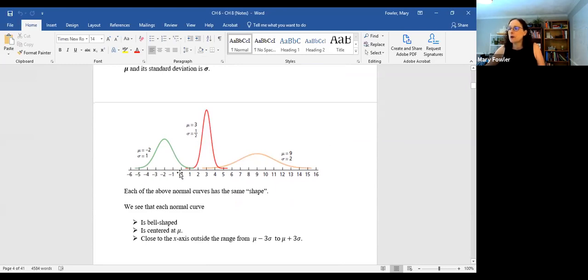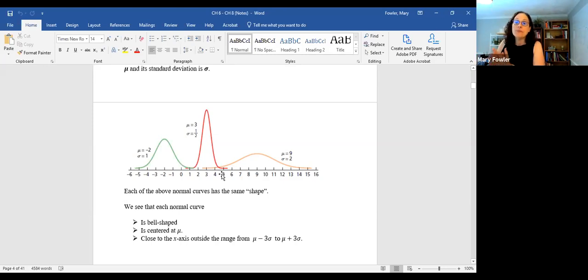And if we go up 1, 2, 3, to -1, that's where that green curve starts to level out with the horizontal axis. The red curve has a standard deviation of 1/2. The mean is at 3, that's the high point, and 3 sigma, 3 times 1/2, is 1.5. If we count over 1.5 to 4.5, then the curve is going to be up against the x-axis.